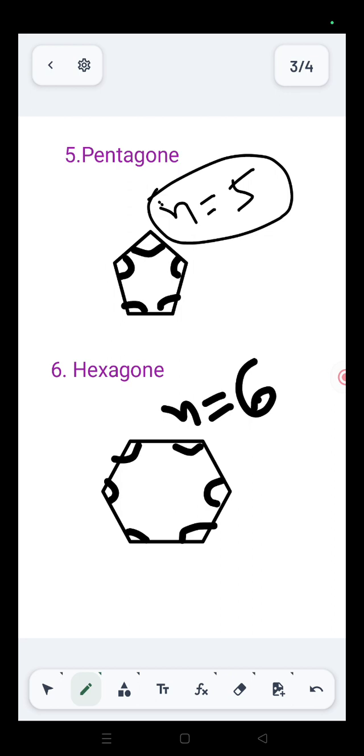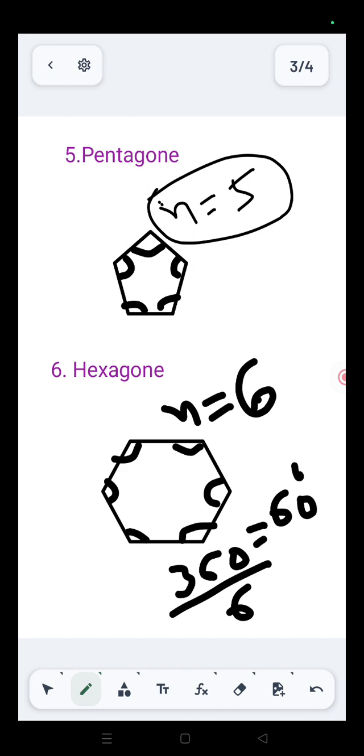Each interior angle, how can you calculate? You calculate by dividing 360 degrees by the number of sides, 6. So each angle in the hexagon is 60 degrees.